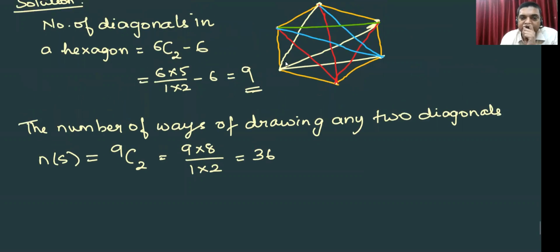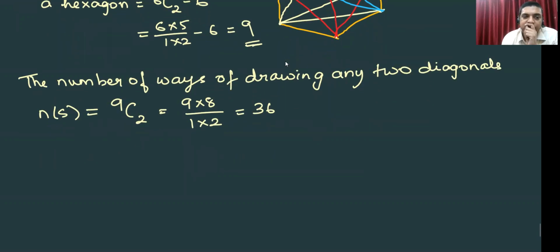So there are 6 vertices. So the number of ways of selecting the diagonals that will intersect on the vertex.